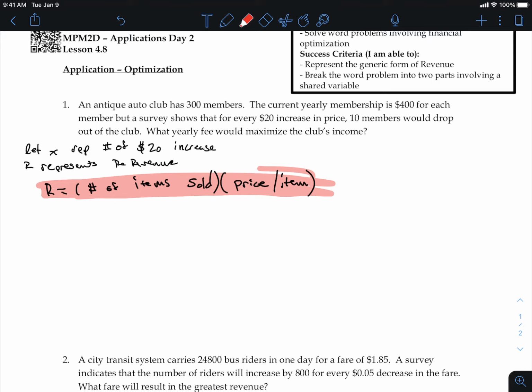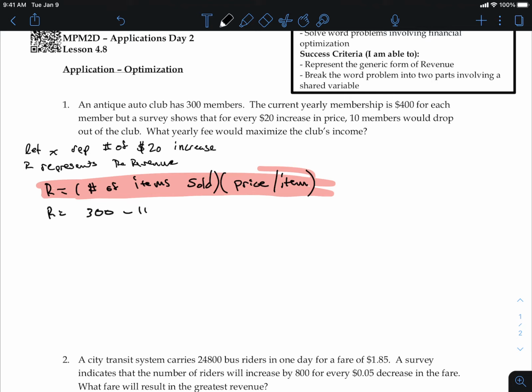Okay, well, the number of items sold. What did you start at? How many people? 300. Okay, so that's fine. Let's start there. Revenue equals 300. Now, you've changed something, and something else changes as a result. We increased the price by $20. What happened when we increased the price by $20? 10 people left.